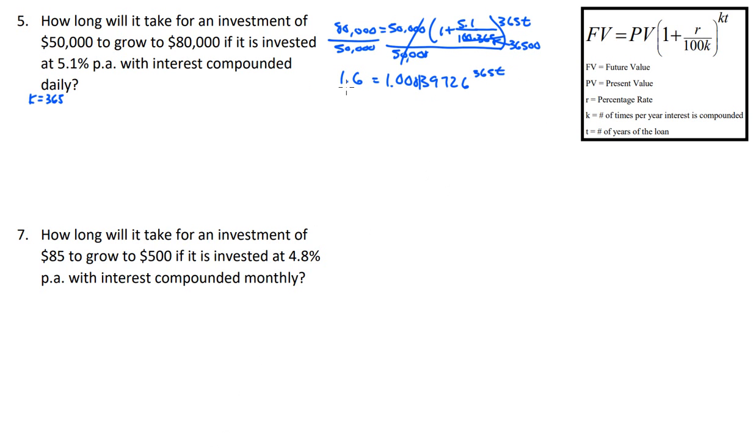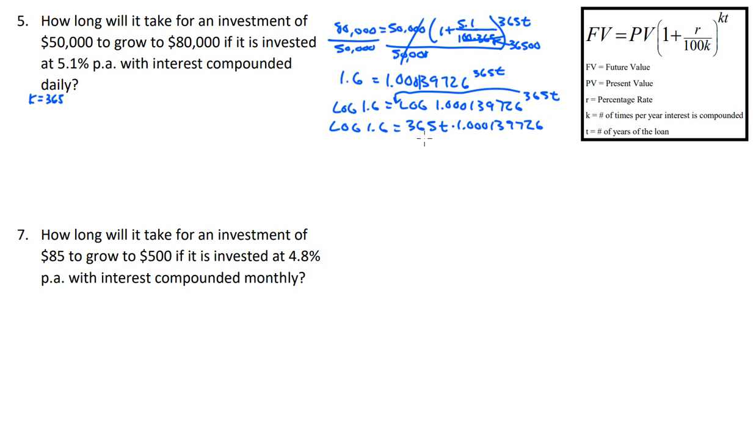Okay, so now that we got a number here and a number here raised to a power that's got a variable, that means we're going to want to take the log of both sides. So log 1.6 equals log 1.000139726 to the 365t. This 365t comes out front here. So really it's log 1.6 equals 365t times log 1.000139726.